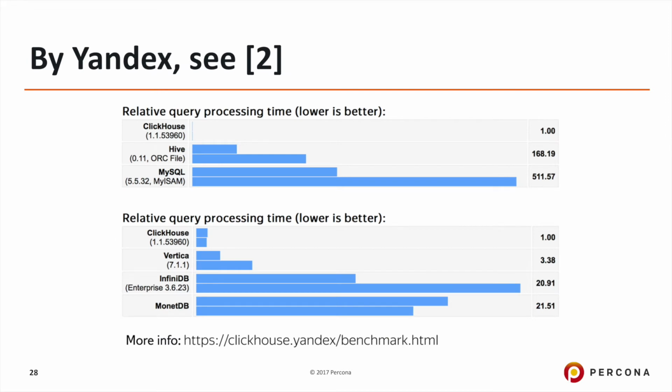So ClickHouse is also very capable of performing in cloud deployments. There are some more benchmarks comparing even with commercial databases like Vertica and others, available on the Yandex website. Obviously, you can say that Yandex is biased, but then I think you can verify these numbers by yourself.